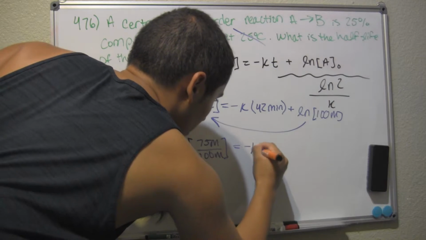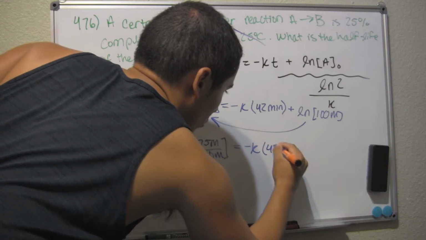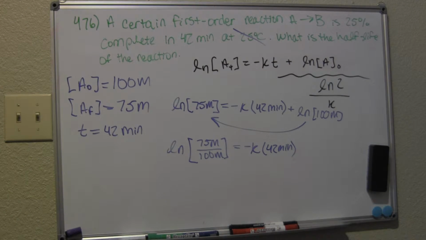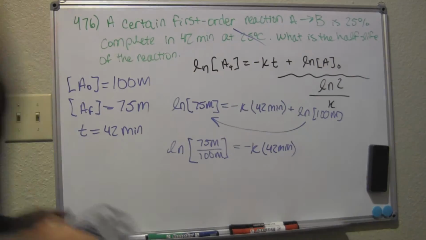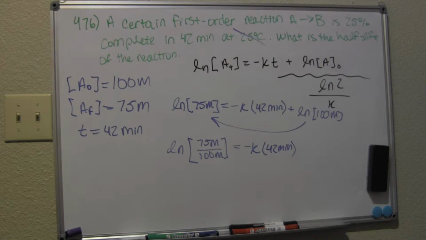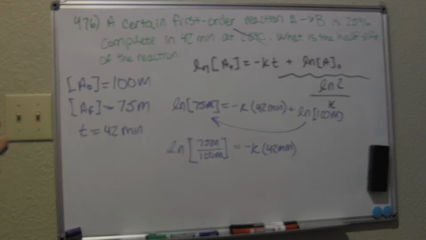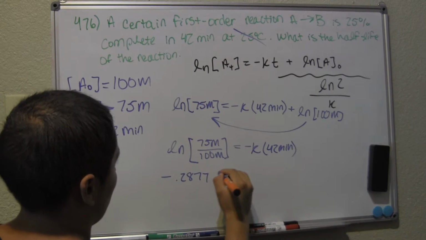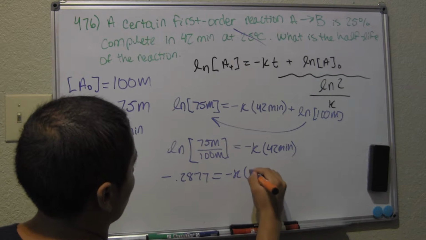So this is equal to negative K times 42 minutes. Let me do that calculation: ln of 75 over 100 is equal to negative 0.2877. Negative 0.2877 is equal to negative K times 42 minutes.